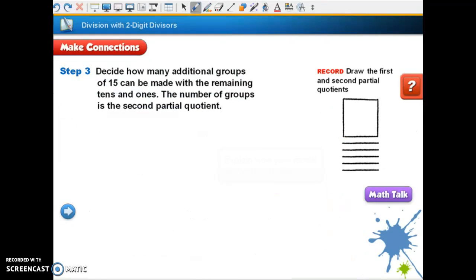Now it says, decide how many additional groups of 15 can be made with the remaining tens and ones. Okay, so we already did that on our other one, but we'll do it again. Remember, I have 2 tens, and then I have 10 ones. So I can put my 2 tens right here, and then I can do 5 ones under each of them. Okay, so I can make 2 additional groups.